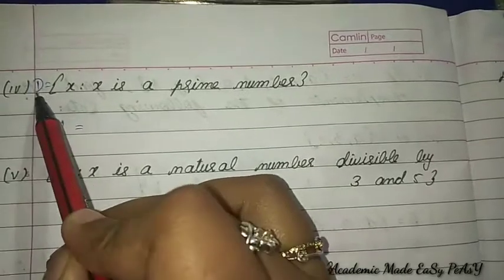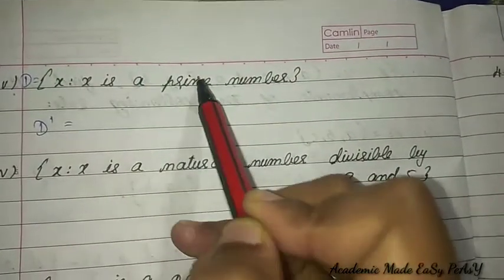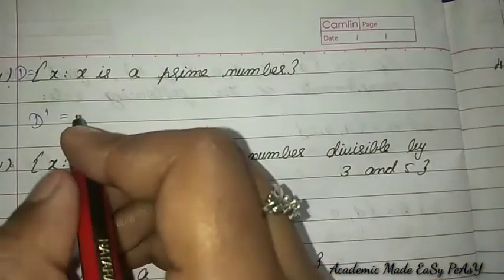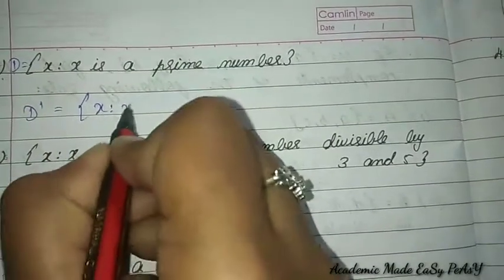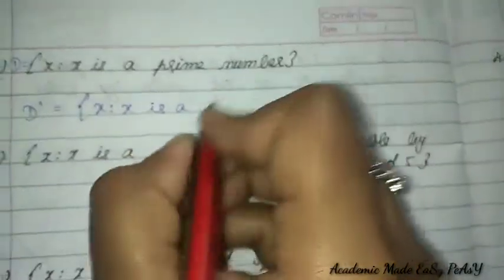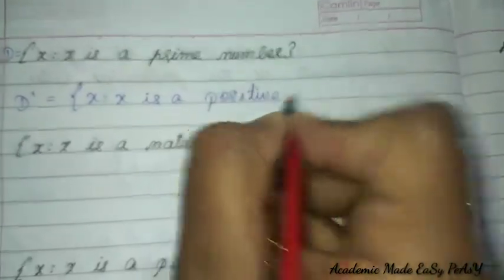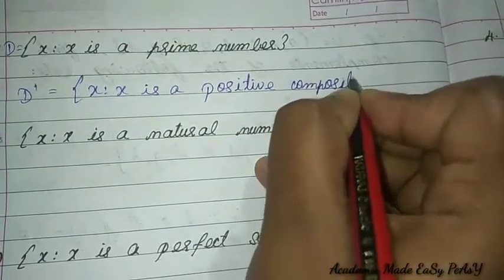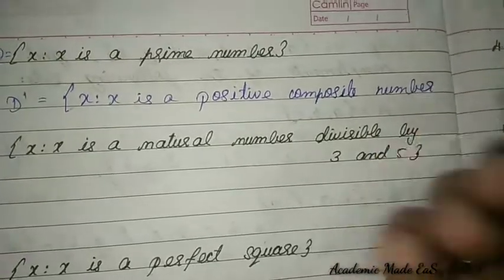Subdivision 4, let this set be D. D is equal to x is a prime number. Is that clear? So now what we have to write means x such that x is a positive composite number and 1 is co-prime, no?